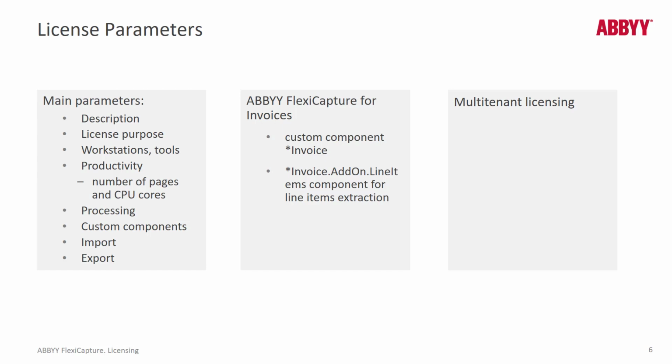You can see the number of pages in your license count, and custom components. Also, you can get details on whether or not you have an ABBYY FlexiCapture for invoices license, and you can keep tabs on your multi-tenant licensing.